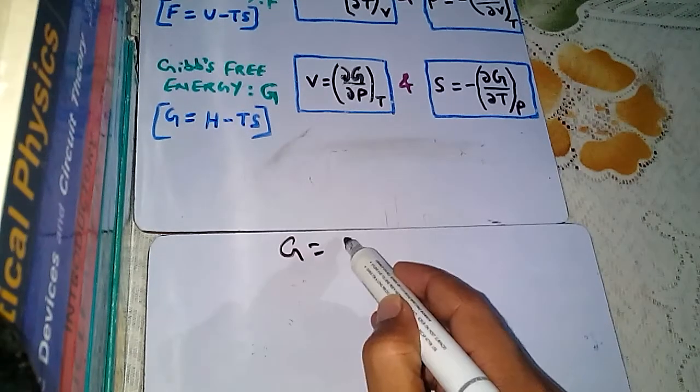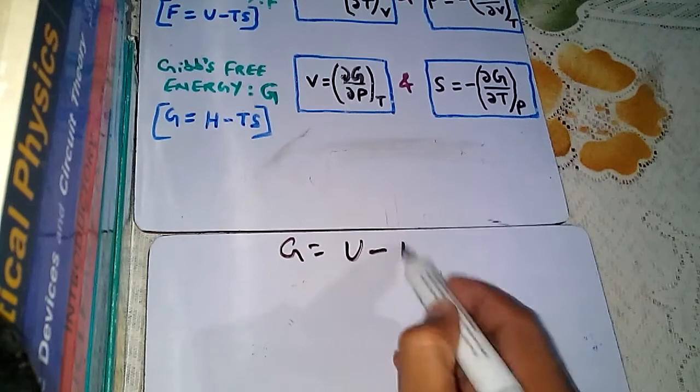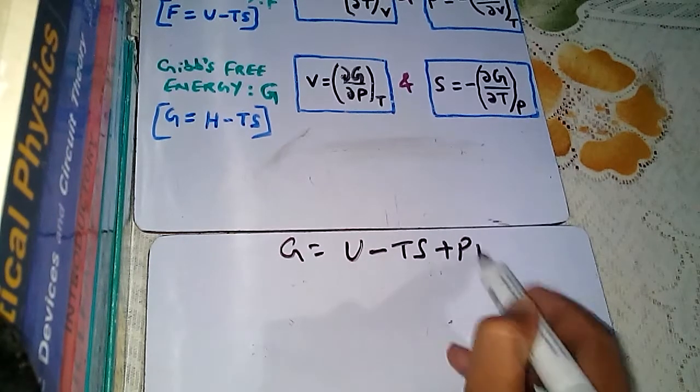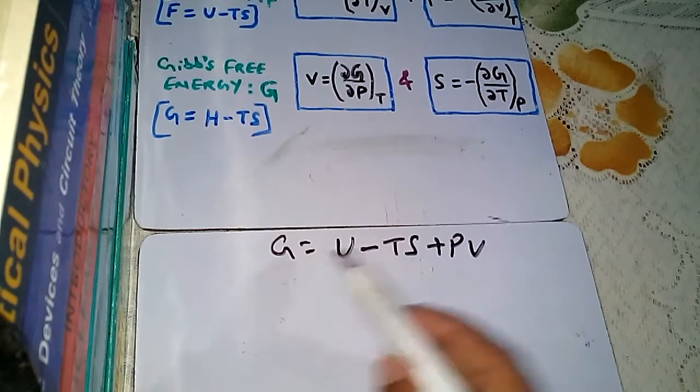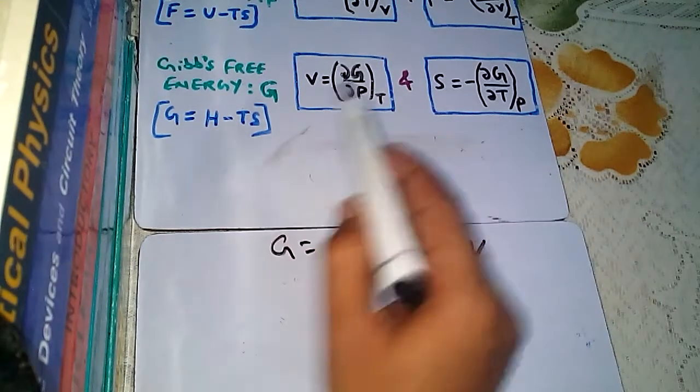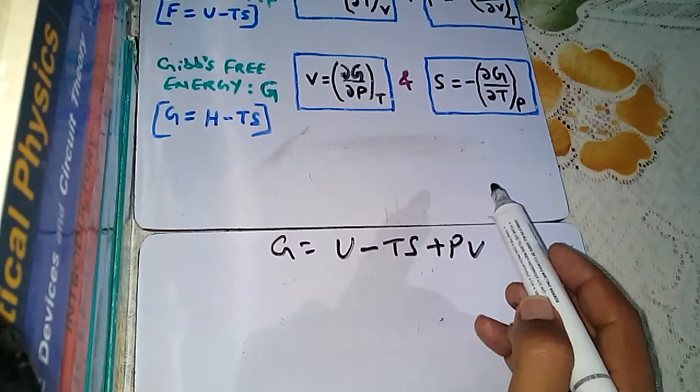Okay, let's write it here. G equals U minus Ts plus PV. This has been given in our problem. Now, is this equal to this? Then these two relations will hold.